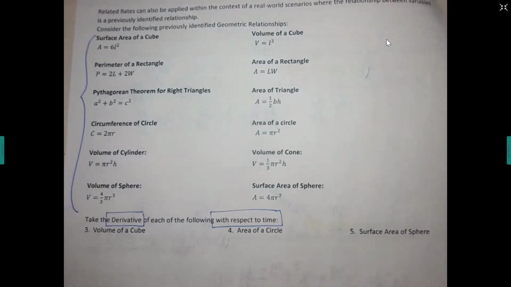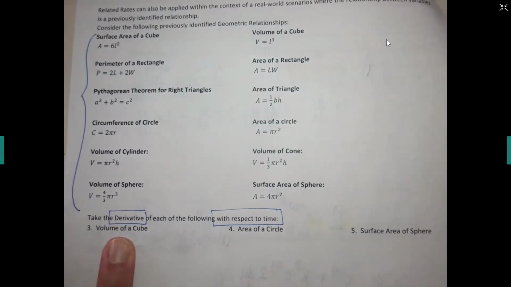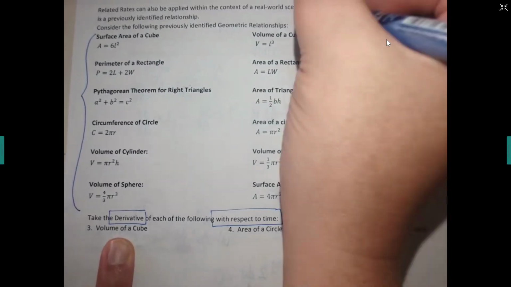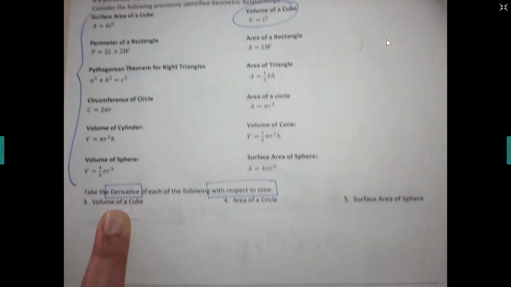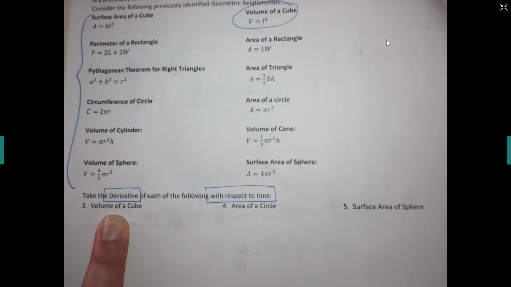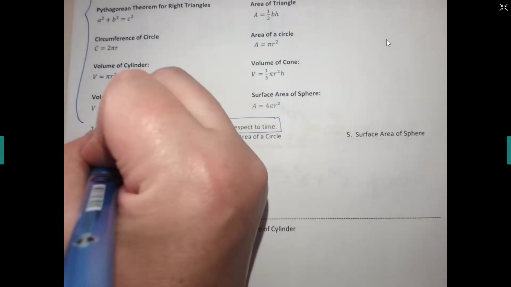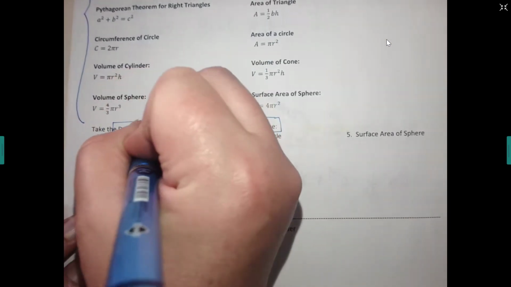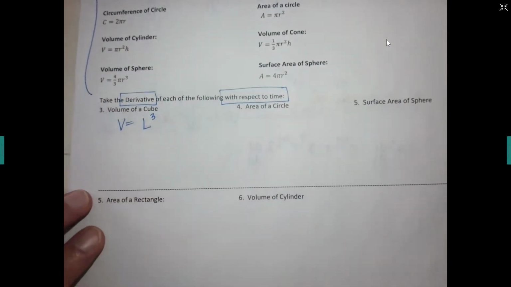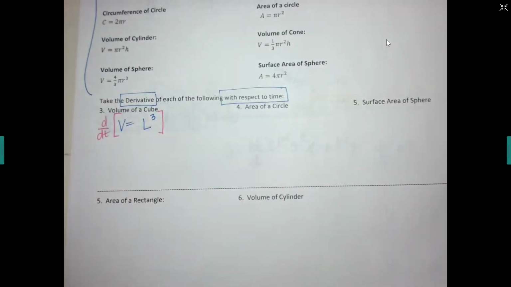Okay. So find the formula for volume of a cube. The volume of a cube is here. We're going to practice taking the derivative of that with respect to time. So put V equals L cubed. And then we're going to take the derivative of that with respect to time. So put d/dt.